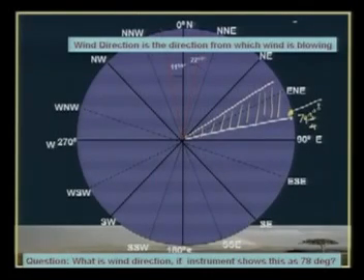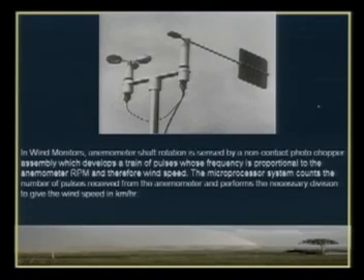Let's go to the next slide. What you are seeing here is that now we are talking about measurements. What you see on your screen is a photograph of a wind measurement system. This part, which I'll circle, is called a wind anemometer, and it measures wind speed.